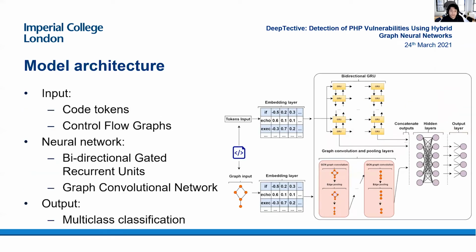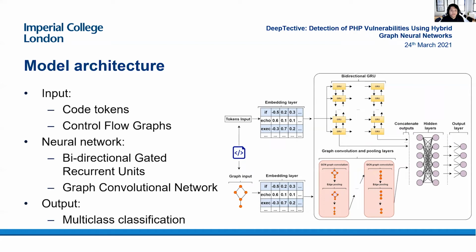This is the model architecture of DeepTective. The architecture is divided into three sections. The first is the input section, which contains two types of inputs, the code tokens and the control flow graph. These inputs are then passed to the neural network section. The code tokens are passed to the bidirectional GRU to learn syntactic and structural information of the source code.